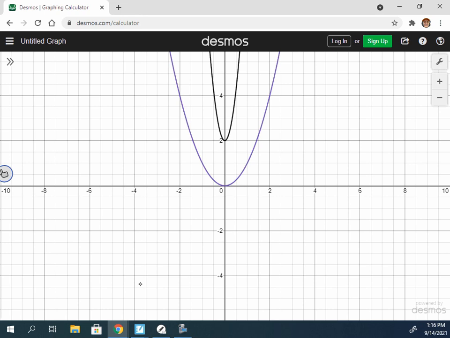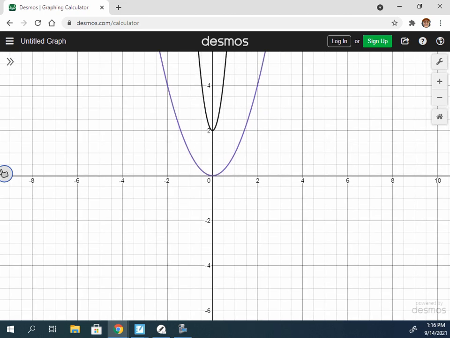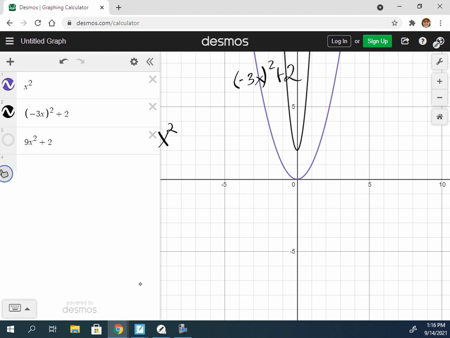Now the bigger one here is just our x squared. The smaller one here is our negative 3x squared plus 2. Now what I can do also is this one here, 9x squared plus 2, the other function that we had.